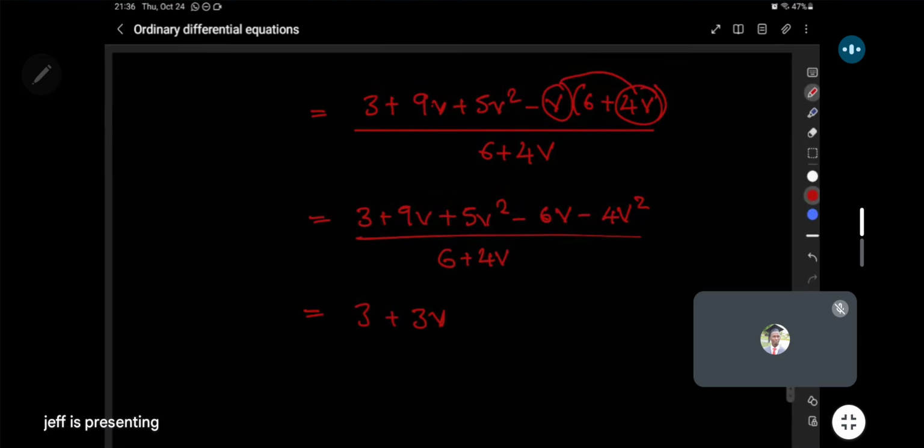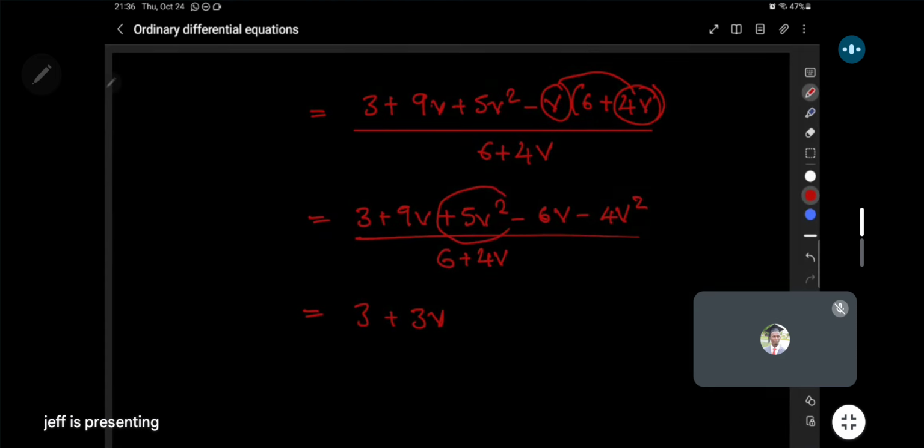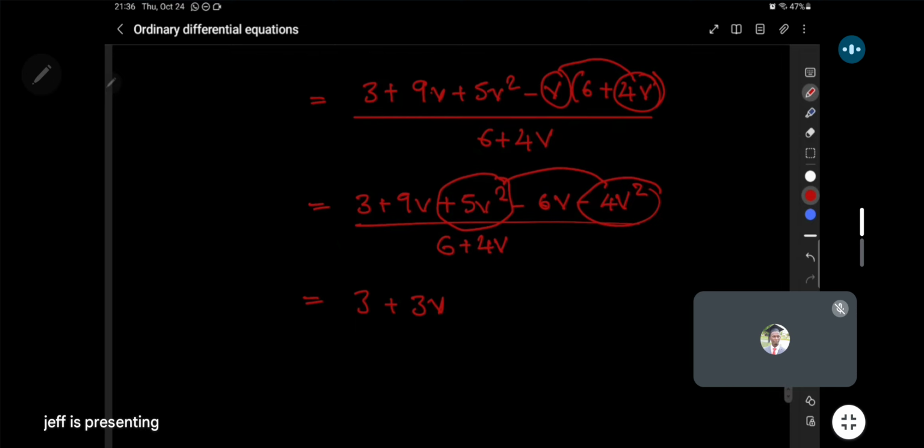Okay, so now the 5v squared will simplify with the minus 4v squared there, so that we have plus v squared over 6 plus 4v. So this is what we now have, dv/dx.